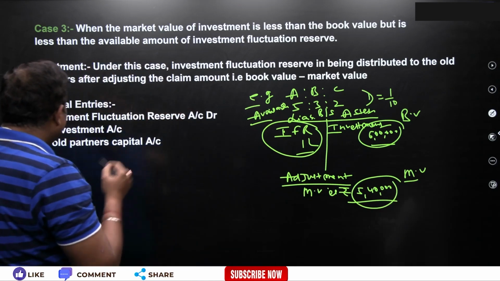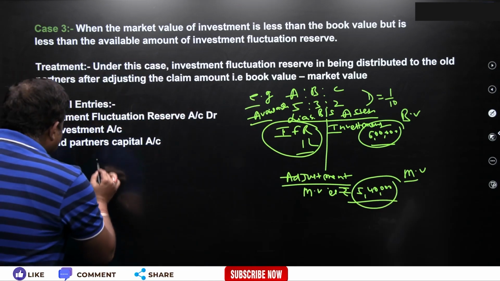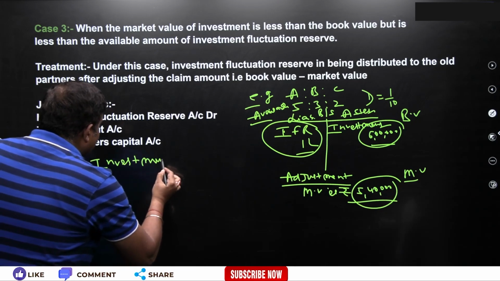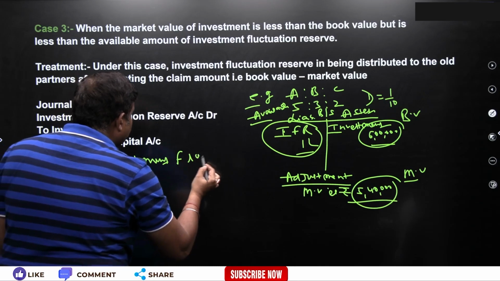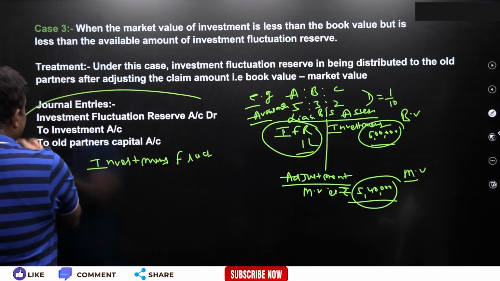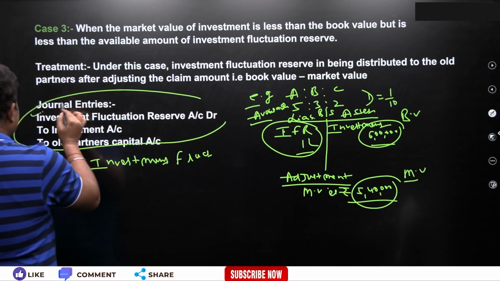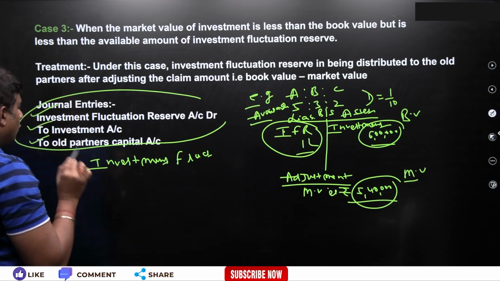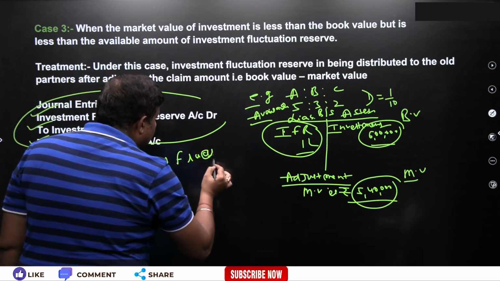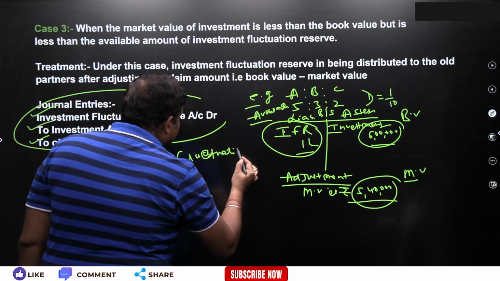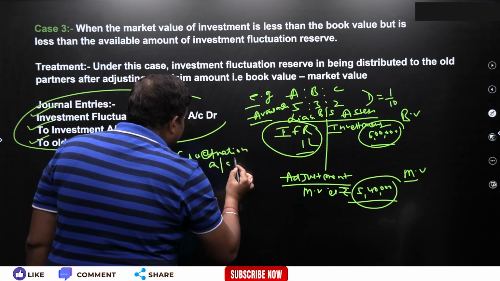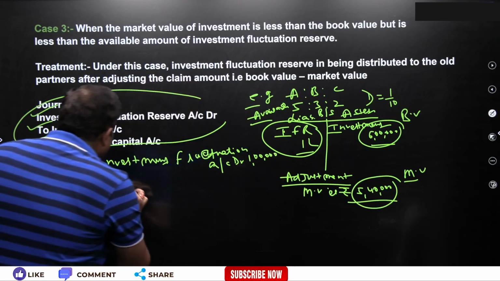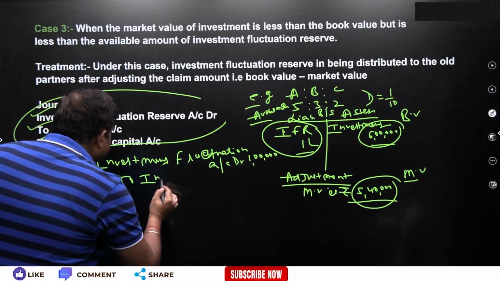Now I'll just post it into the group. Basically, this is investment fluctuation reserve. Here I have written the conceptual entry, that is, investment fluctuation reserve account debit to investment, to old partners' capital account. But as per this example, I'll try to solve this. Investment fluctuation reserve account should be debited with the value of 1 lakh rupees, to investment account.